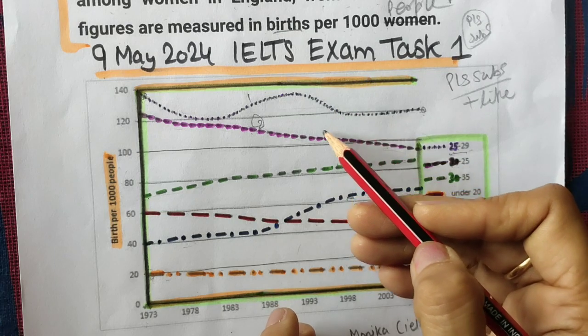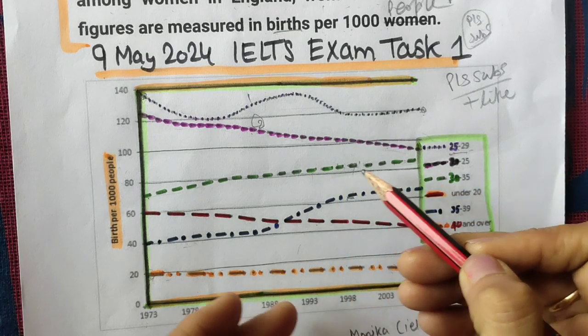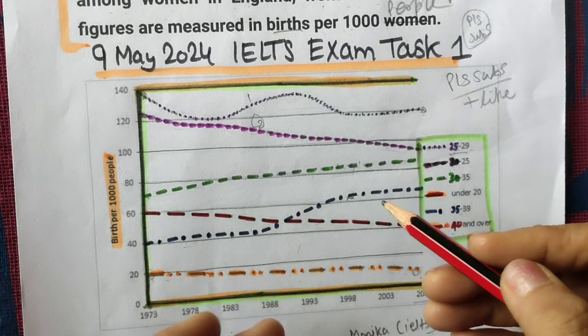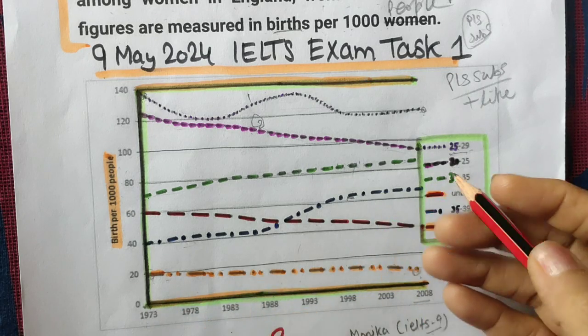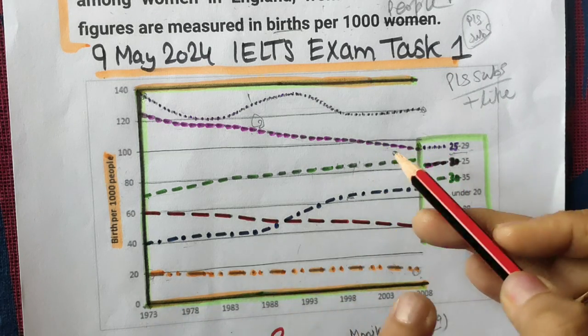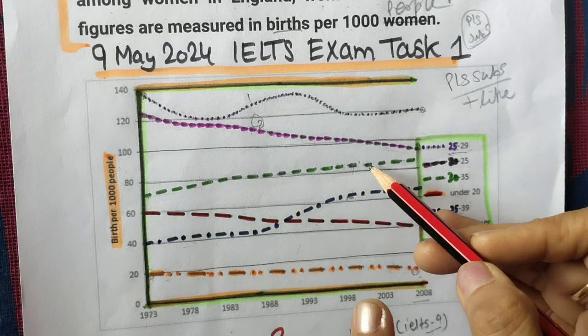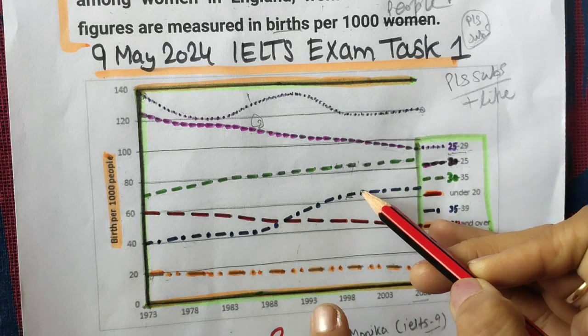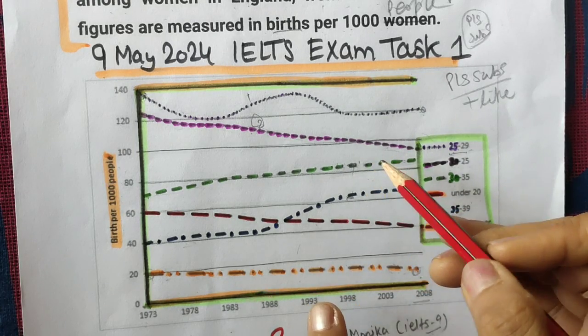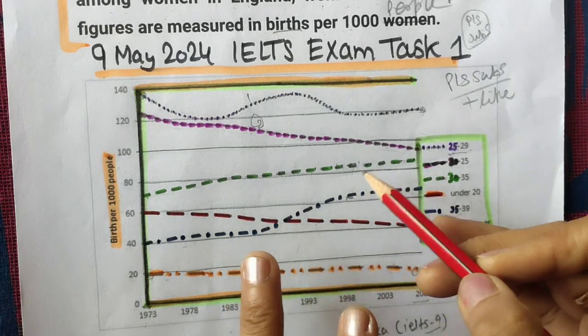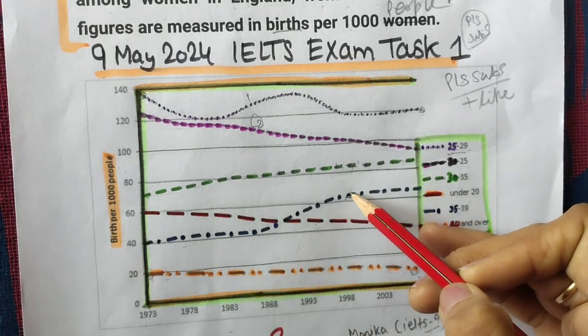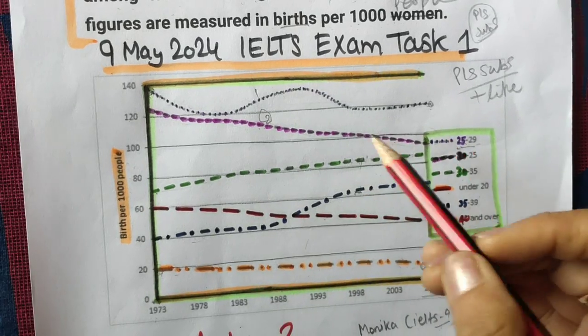Otherwise, if you explain every line separately, there will be no difference in sentence structure, and it will be the same monotonous thing. So make it a point in bar graph, table and line graph, even in pie chart, to combine 2 categories in one paragraph. In one sentence you can combine 2 pieces of information.